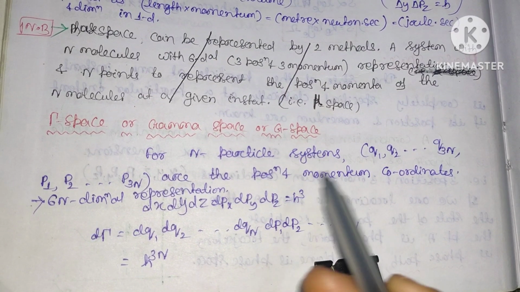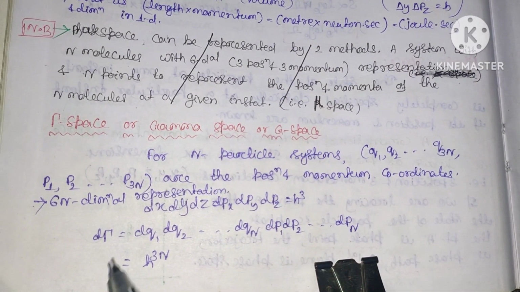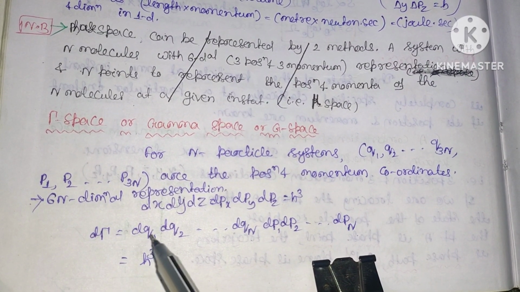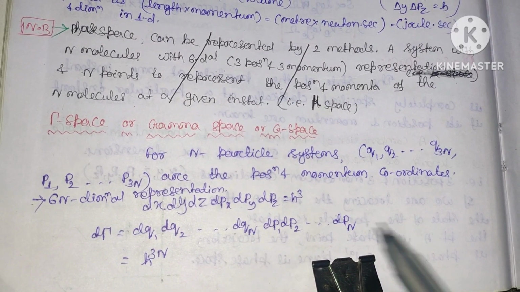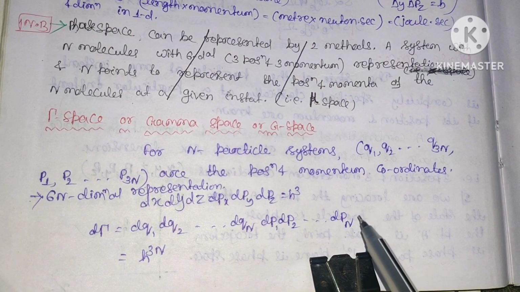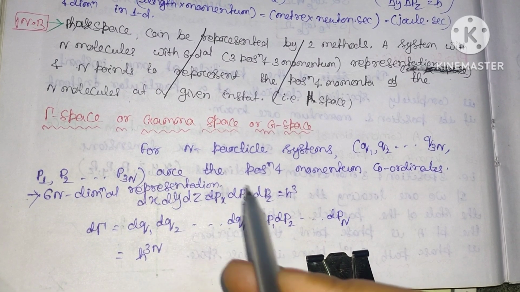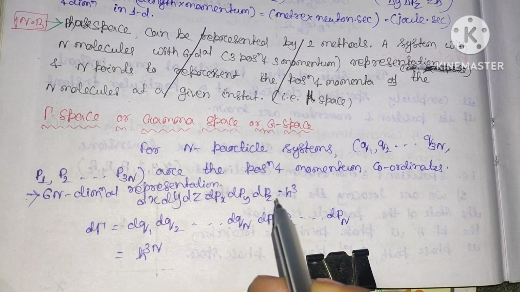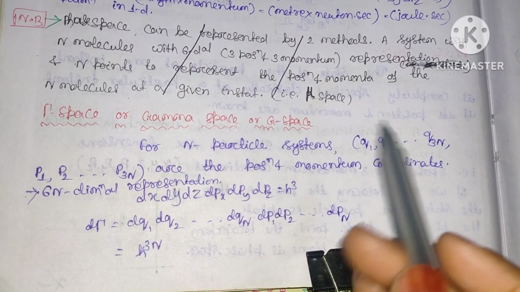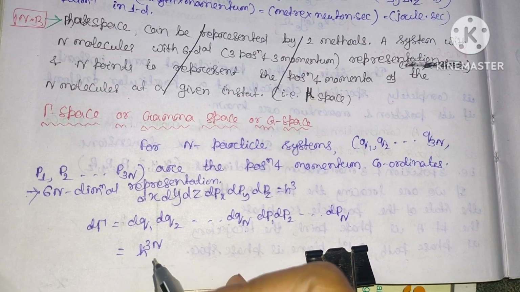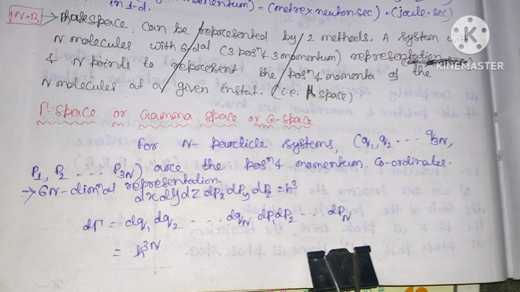And these are your position and momentum coordinates. So d gamma will be equal to dq1, dq2, and so on, and dp1, dp2, and so on. So if dx dy dz dpx dpy dpz will be h cube, then for n number of particles, simply it will be h power 3n. Clear?